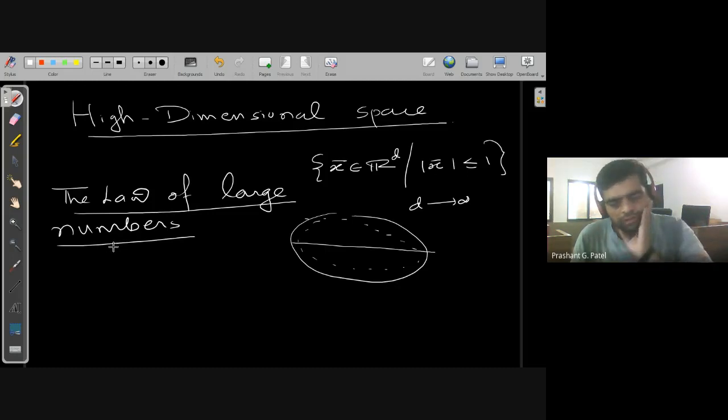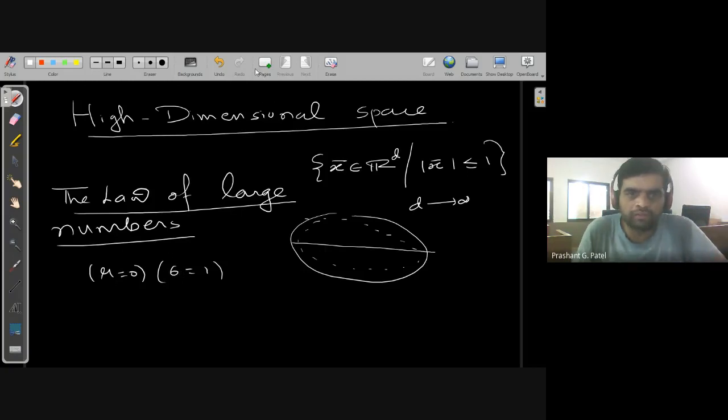First of all, you should know the one-dimensional Gaussian with mean 0 and unit variance, that means mu equal to 0 and sigma is 1. Then what will be the distribution of this? You should know this.